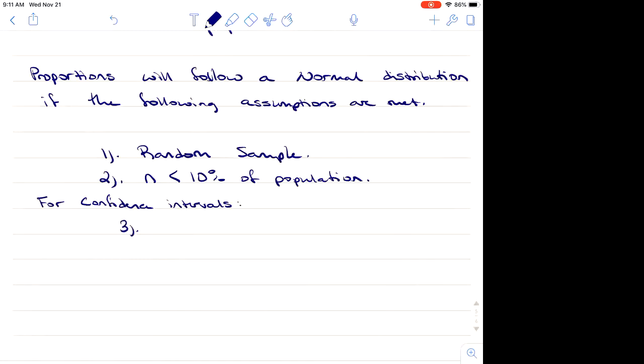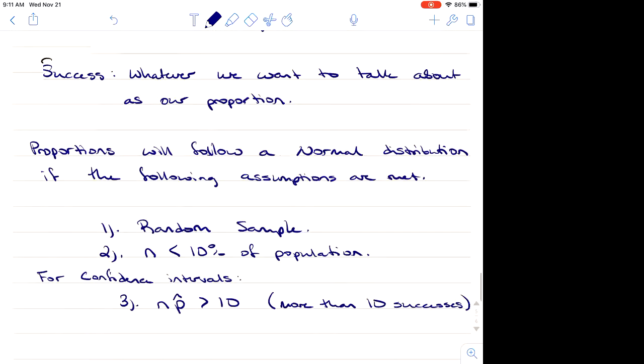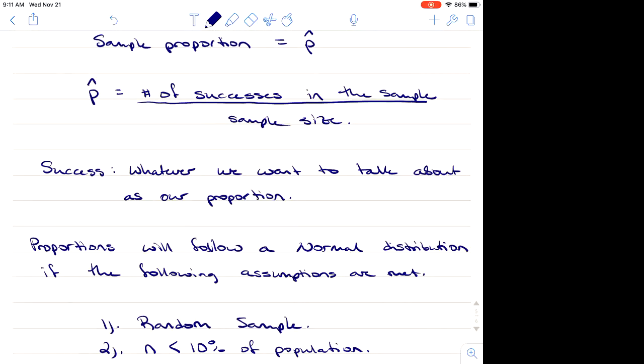Okay. So for confidence intervals, the third thing we're going to check is that n times p hat has to be greater than 10. Which just means that we have to have more than 10 successes, because if you go back to your formula for p hat, p hat is the number of successes over the sample size n.